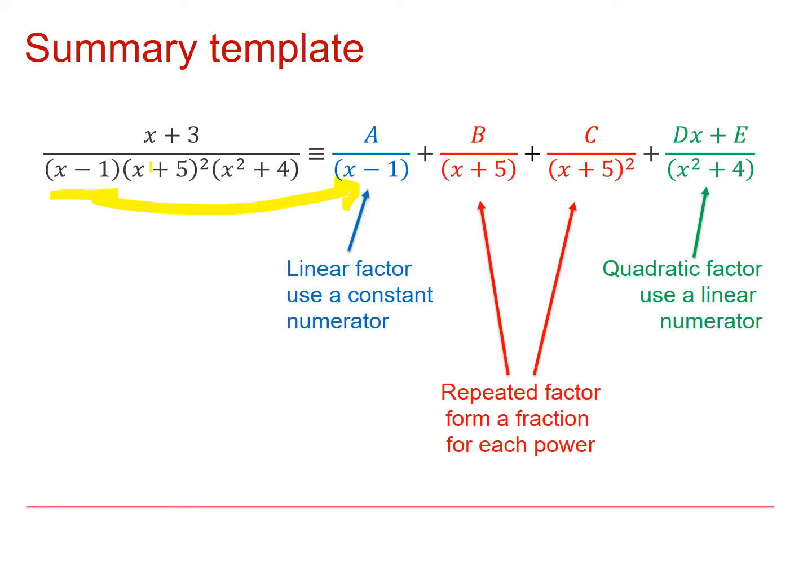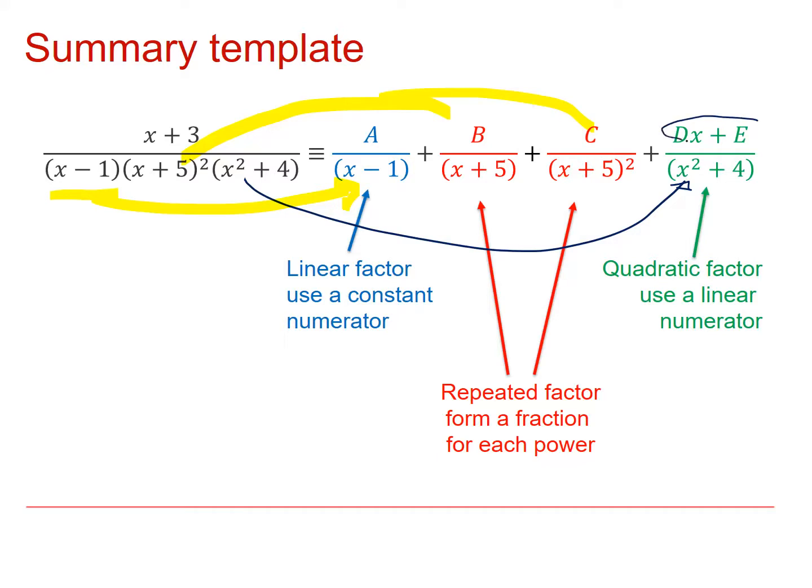If you've got a repeated factor, then you end up with more than one fraction in the final, one for each power of that repeated factor. And if you've got a quadratic factor, as we have here, then you get a quadratic factor, but with a linear expression on the top of it.